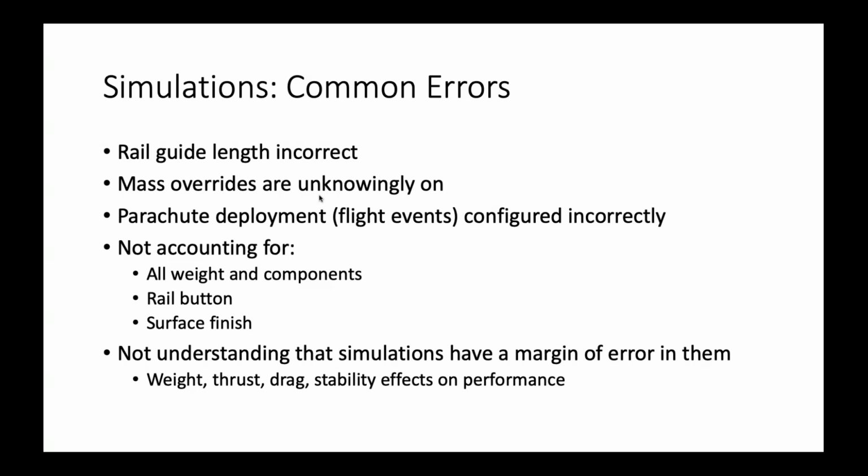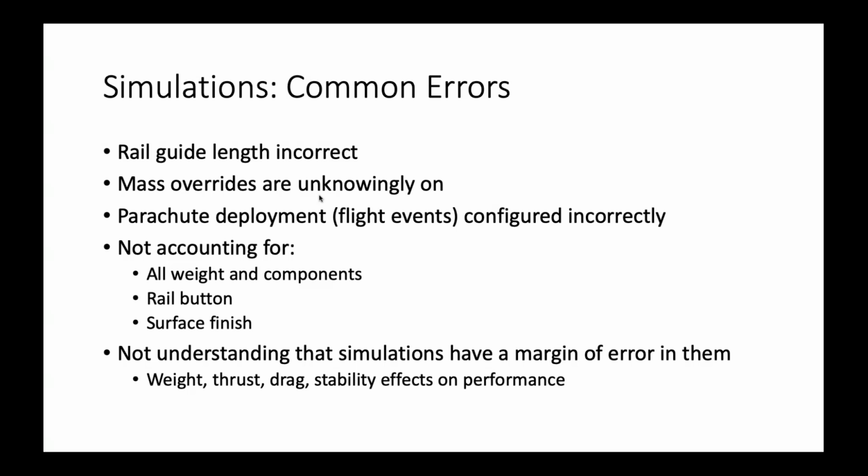But say you weigh it before launch, and the weight calculated in RockSim does not match up with the weight that you measured on your scale. That mass override is a way to correct that, but the downside is that RockSim or OpenRocket no longer auto updates the mass if you change it.